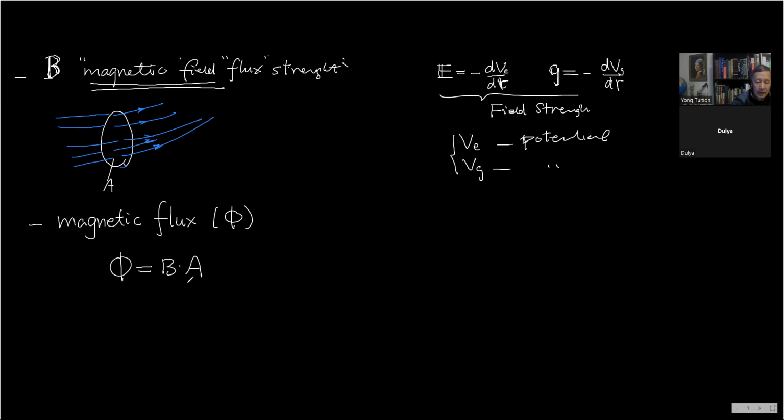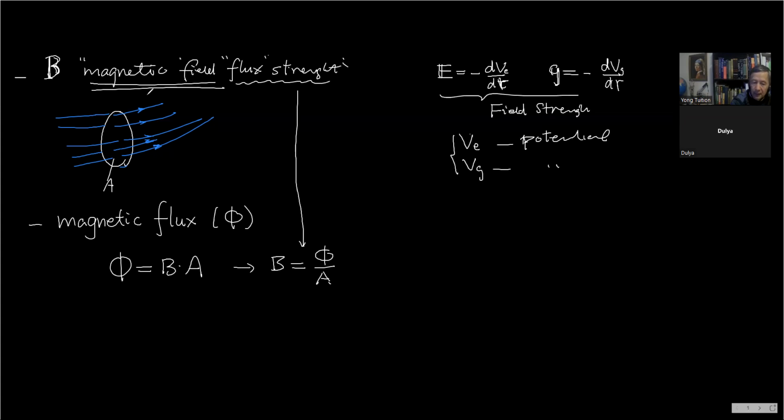From this simple relation, we can argue that B is equal to flux divided by area, flux per unit area. Does that make sense now? That is the flux strength. That is the full name of the B, or simply called the magnetic field.